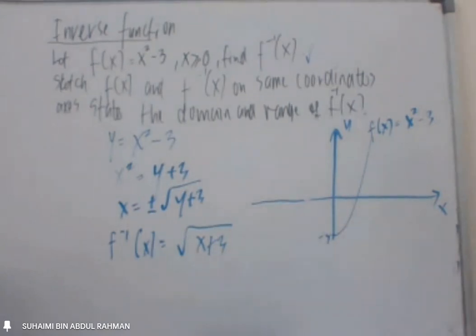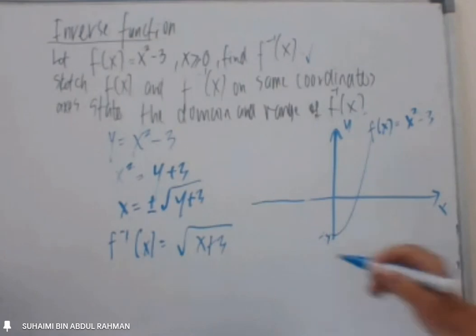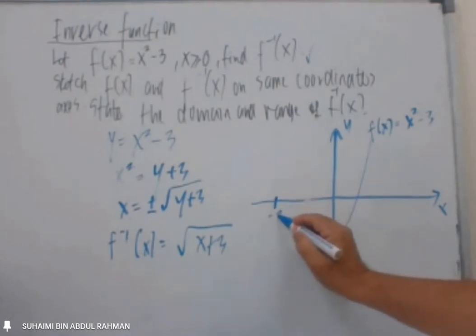At minus 3. Why minus 3? Because plus 3 is a horizontal shift to the left.